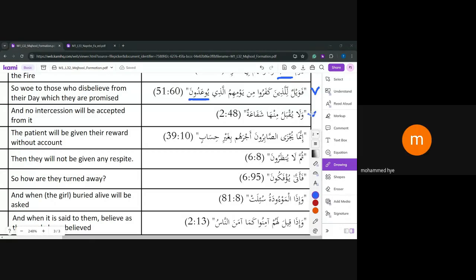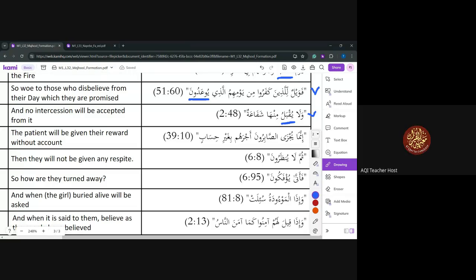Wala yuqbalu minha. Sister Shamila. Yes. Wala yuqbalu minha shafa'atun. This is yuqbalu. It looks like Mudari Majhool. Why? It starts with yu and balu is like alu.